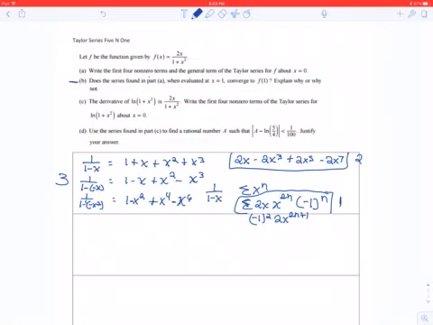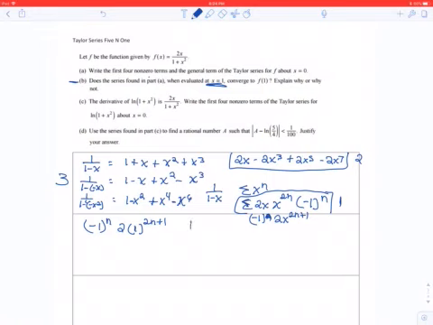Now, the second one, some of you got this. When we look at the nth term, and we're trying to see if it converges when x equals 1, we get negative 1 to the nth power, then 2 times 1 raised to the 2n plus 1.